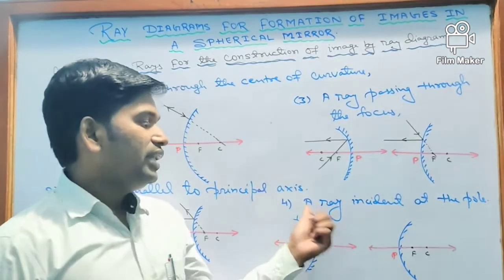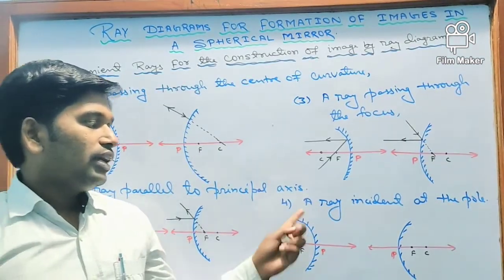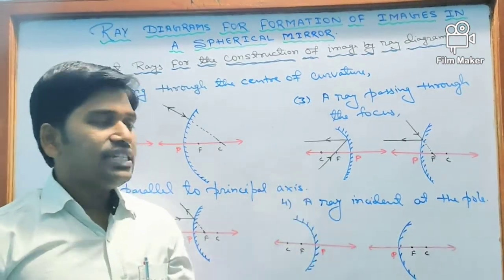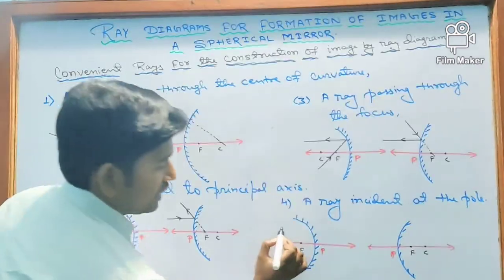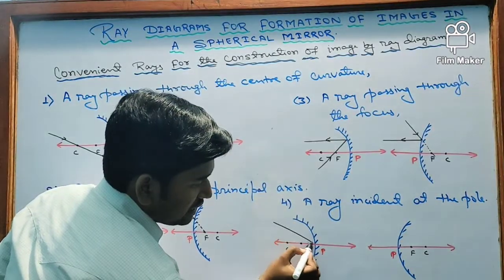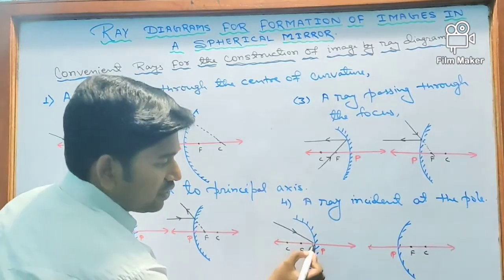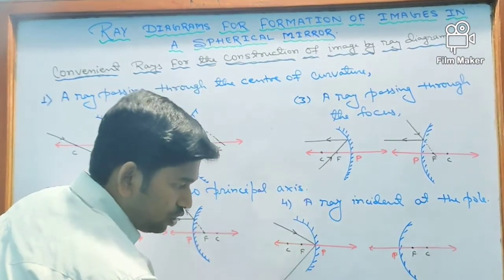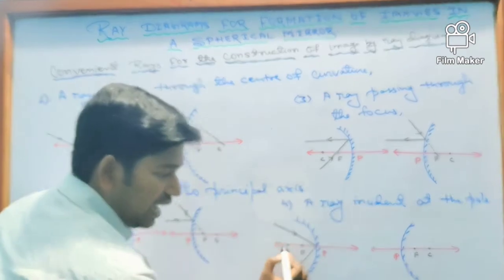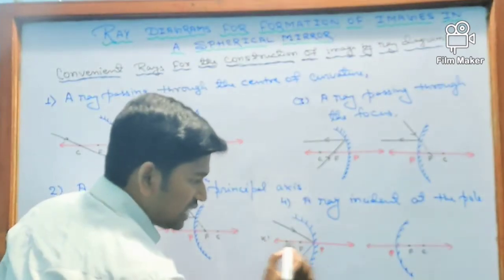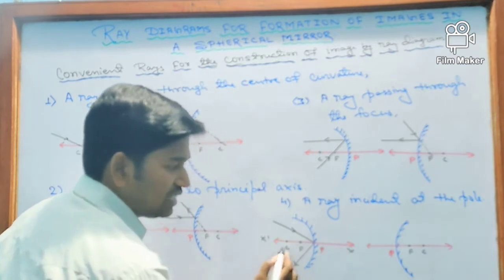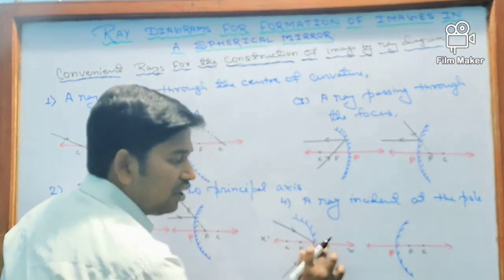Again, if it seems to pass through the focus like this, after reflection it will become parallel to the principal axis. The next and the last one, when a ray is incident at the pole, look at this, it will be reflected back according to the laws of reflection, and the principal axis, X'X, is the normal.